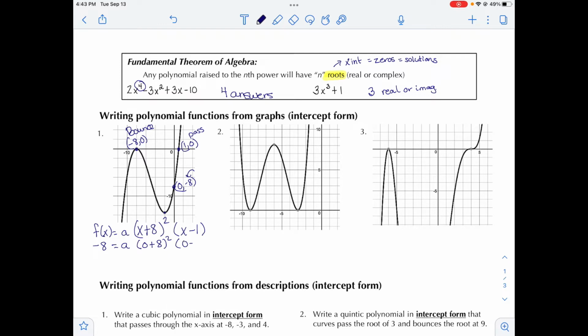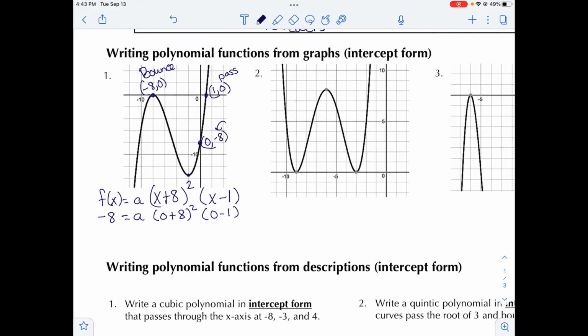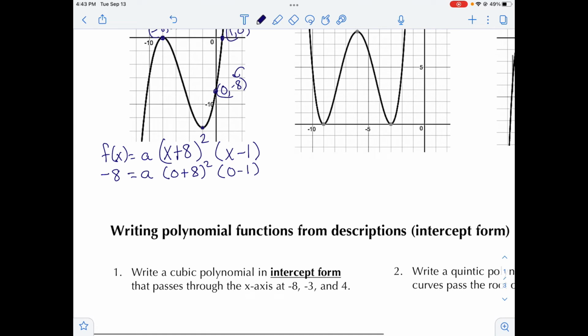So we're going to plug in 0 for all of our x's, and then we're going to solve for y. So when we do that, we're going to get 0 plus 8, obviously, is 8. 8 squared is 64. And then a -1 and 0 gives me a -1. So that ends up being a -64 times our a. So we got -64a is equal to -8.